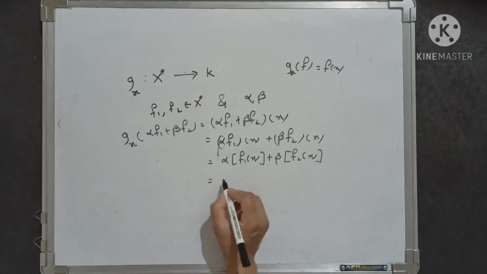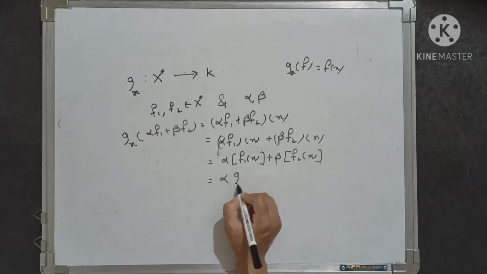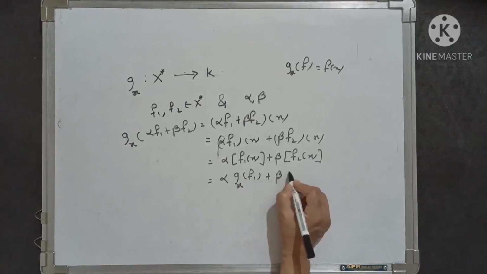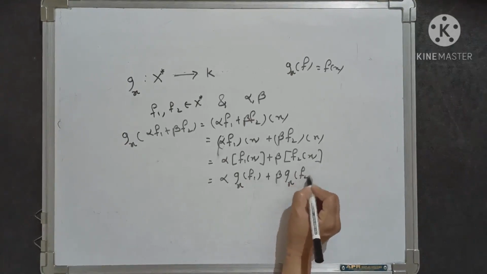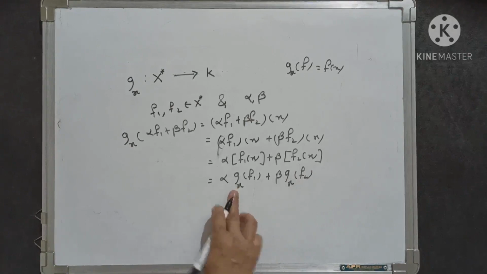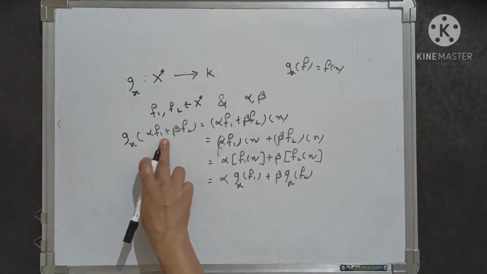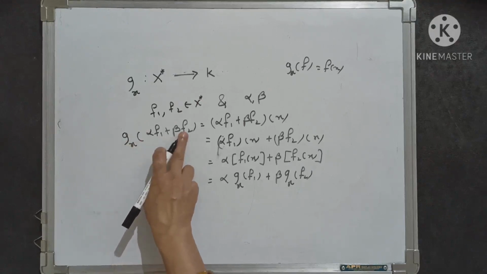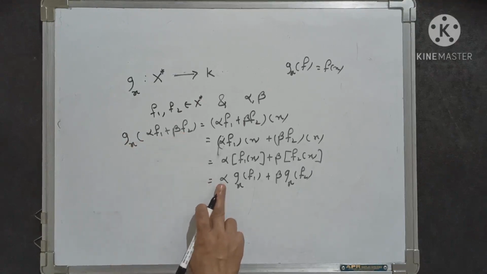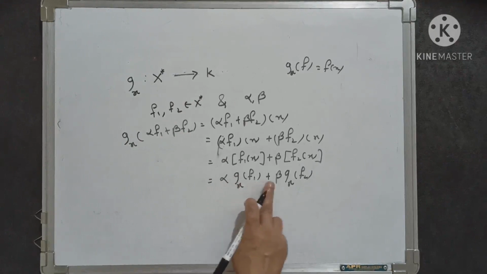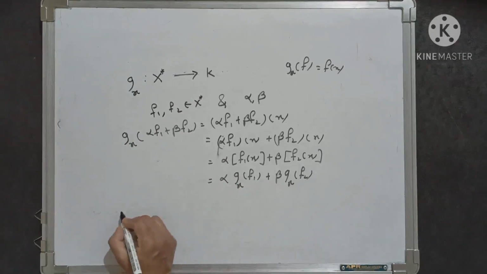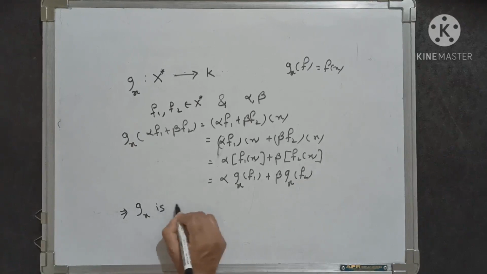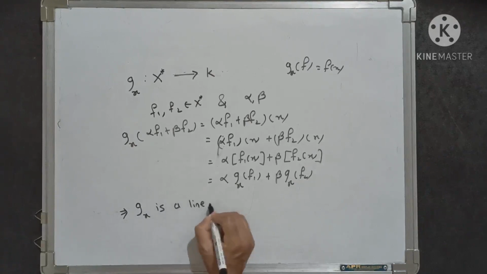But f1 of x is nothing but Gx of f1, so we get alpha Gx of f1 plus beta Gx of f2. That means Gx of alpha f1 plus beta f2 is equal to alpha Gx of f1 plus beta Gx of f2. From this, we get that Gx is linear.